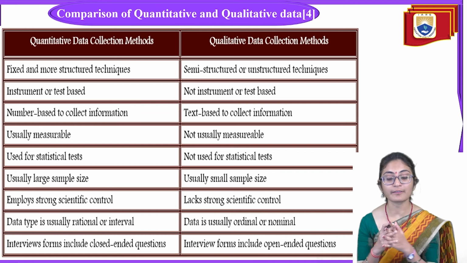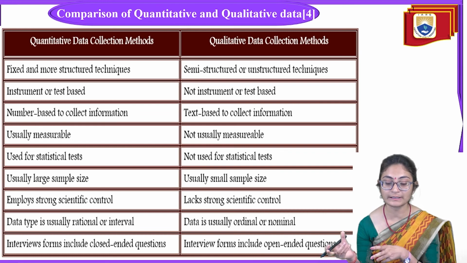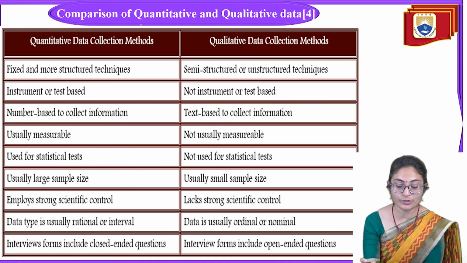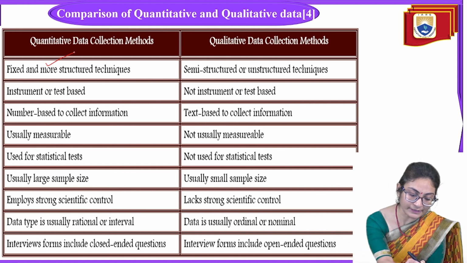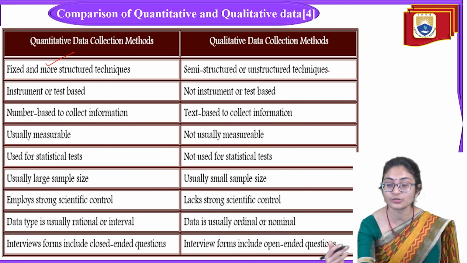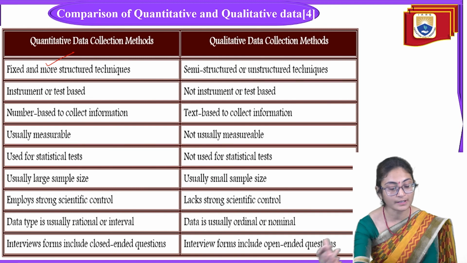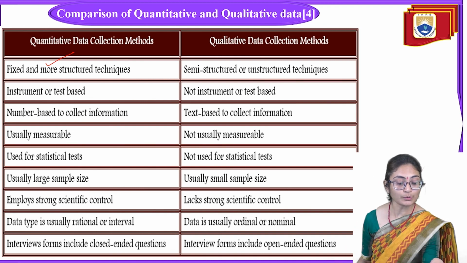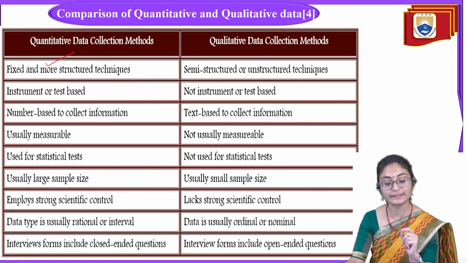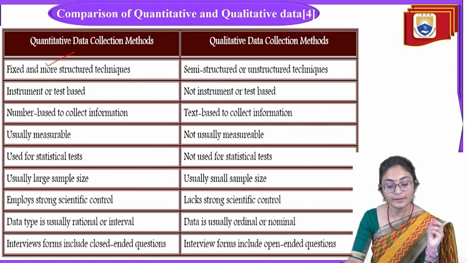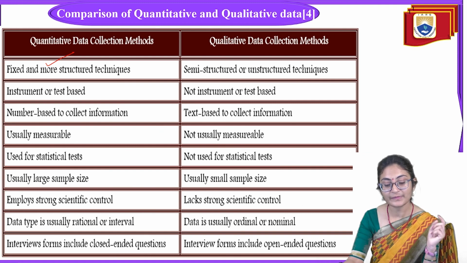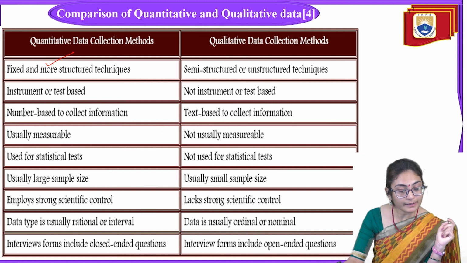Now we can see the comparison of quantitative and qualitative data. The quantitative data collection method is fixed and a more structured technique, while qualitative is semi-structured or unstructured. Quantitative is based on an instrument, and qualitative is not based on an instrument.